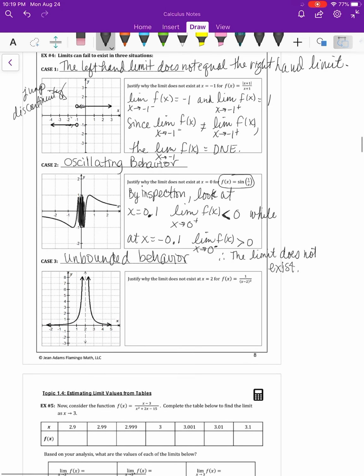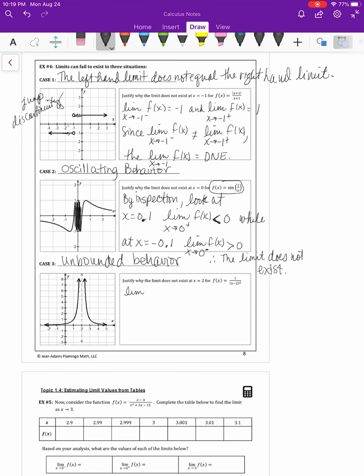Justify why the limit does not exist at x equals 2 for f of x equals 1 over x minus 2 quantity squared. So for this one, we're going to look at the limit as x approaches 2 from the left of f of x.